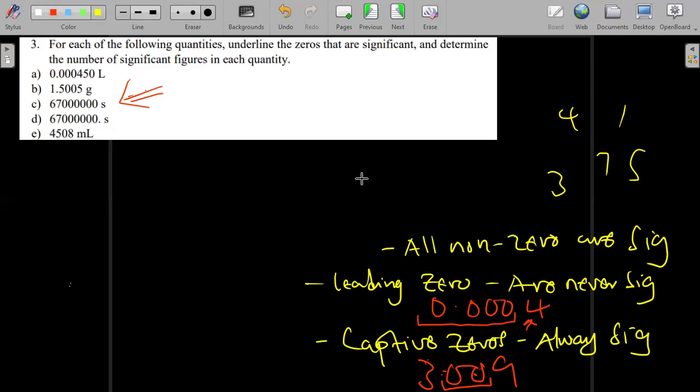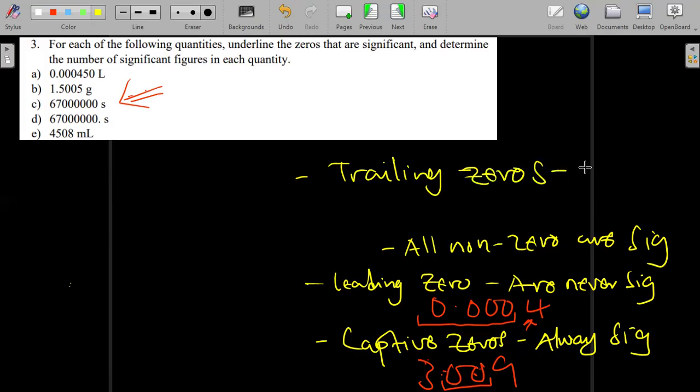And then the other rule is on the trailing zeros. Okay, so the trailing zeros have a condition to them. These ones can be significant and they can also be not significant depending on the number that you have.